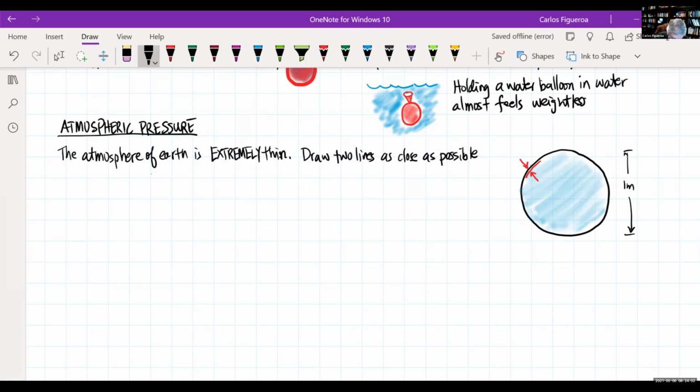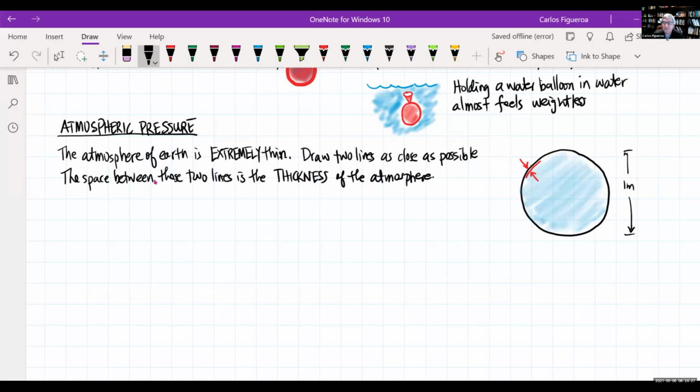The space between these two lines is the thickness of the atmosphere. Now, what does that even mean here? What that means is that the thickness of the atmosphere contains 99% of the Earth's atmosphere.